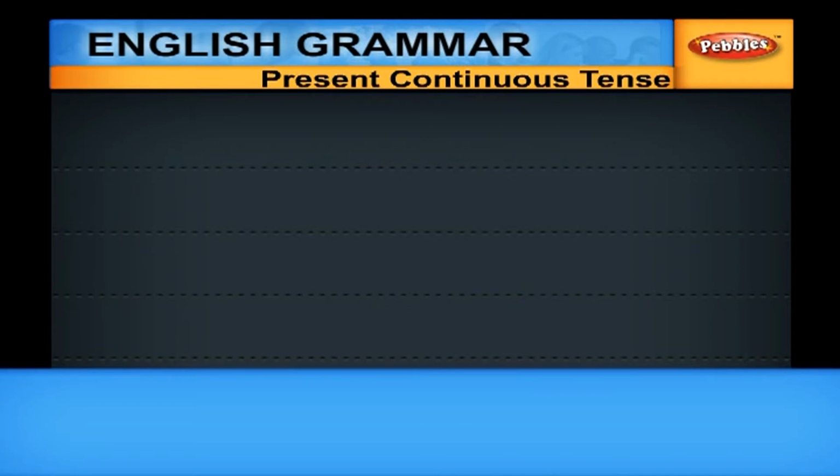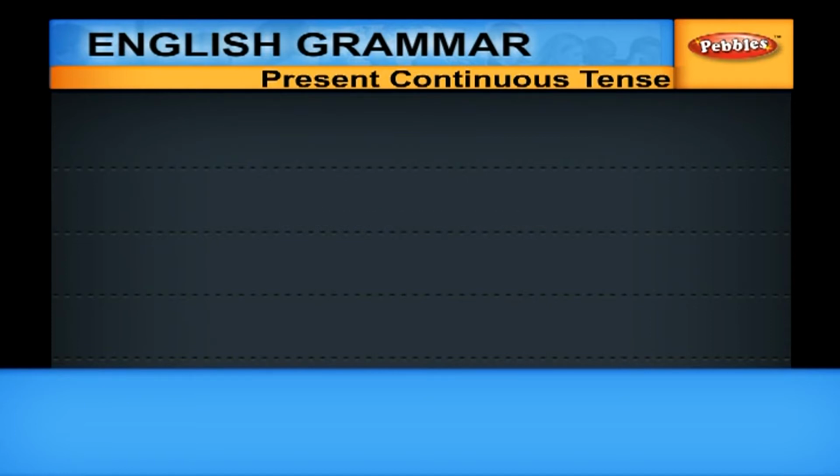It must be, I smell gas. It is incorrect to say, I am forgiving. The correct form is, I forgive. It is incorrect to say, it is belonging to me. The correct form is, it belongs to me. So, these are certain verbs where you don't use the ing form.